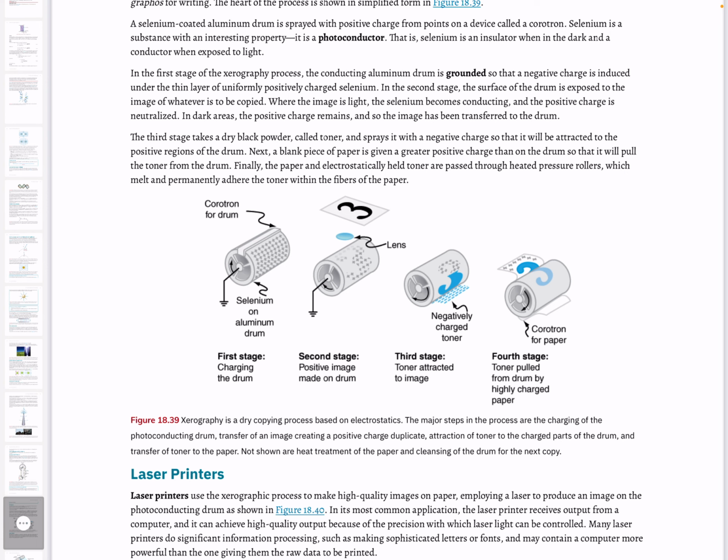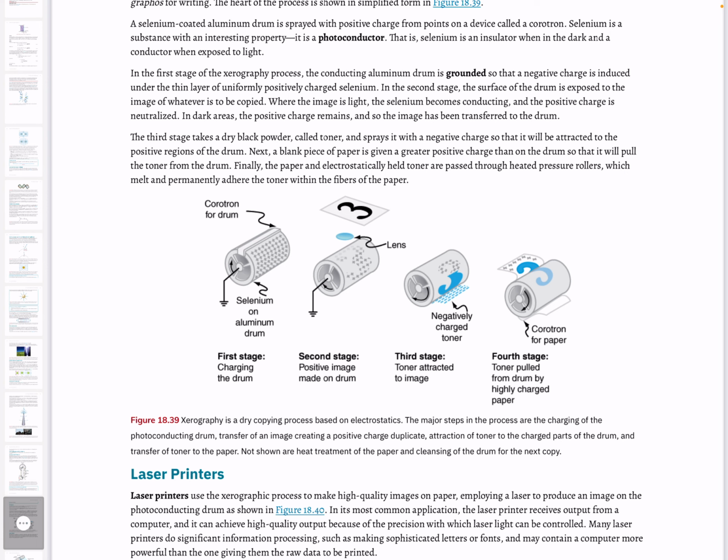Then you run it over a piece of paper, and as you're running it over the paper, you hold on to the paper and make the paper positively charged. So that sucks the negatively charged toner onto your paper.